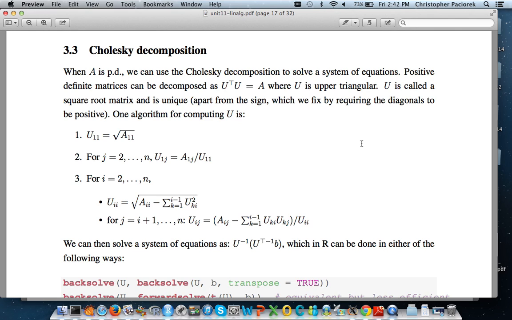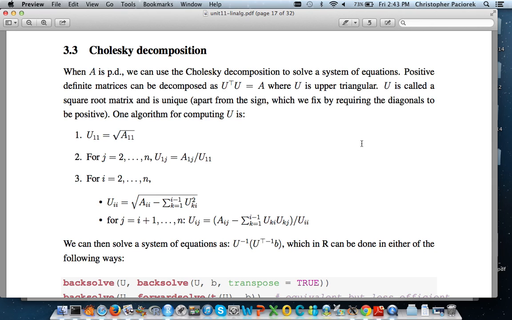One more question for you: when I look at n cubed over 3 and n cubed over 6 and I say this is half as much, it makes intuitive sense. Think about what I'm doing. For the LU, I'm computing L and U. For the Cholesky, I'm just computing U, half as many elements.